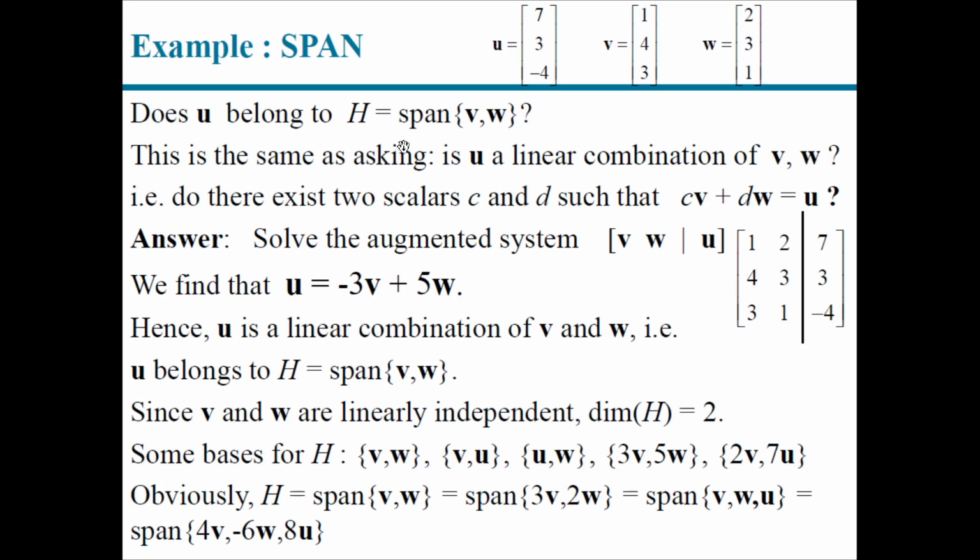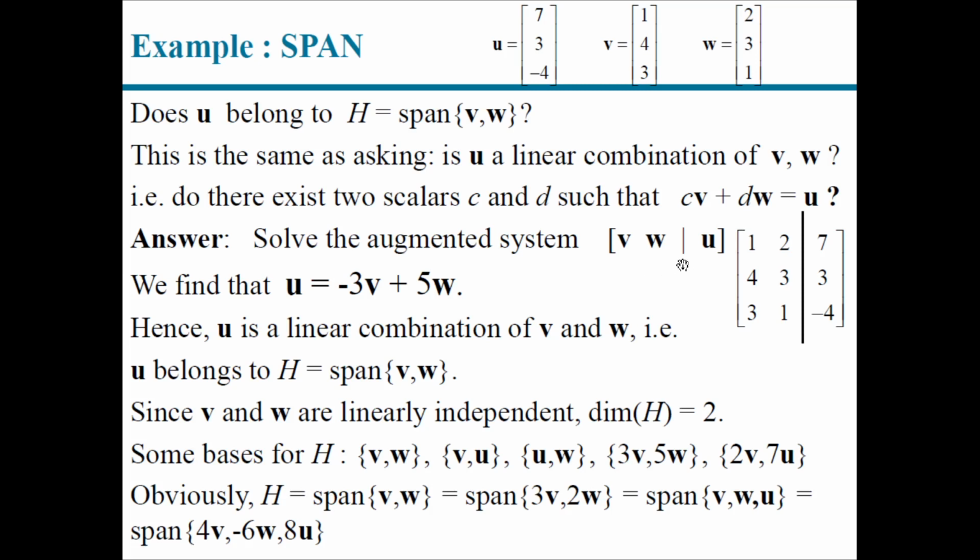Well, I remember what span is. Span is just all linear combinations of v and w. So the question is actually, is u one of those linear combinations? Is u a linear combination of v and w? What do I need to do? I need to solve the non-homogeneous equation here. I need to find C and D, if they exist.